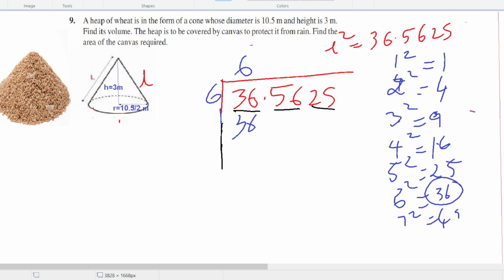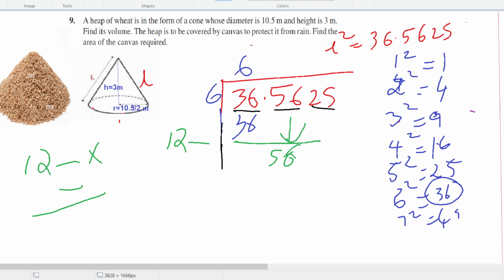Then next you have to double this number. So 6 doubled will be 12. Then you have to find a number such that 12 with one digit, times that same digit, will give you 56. You bring this pair down, it will give you 56. When you put the digit 1 itself, it will be 121.